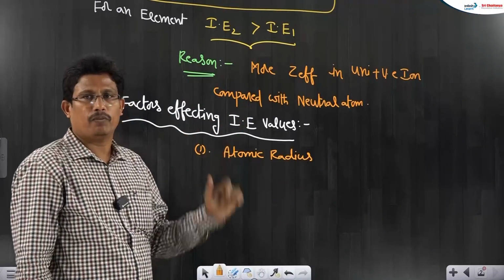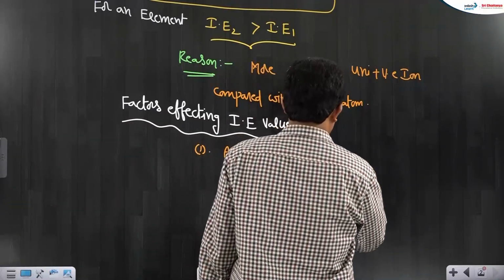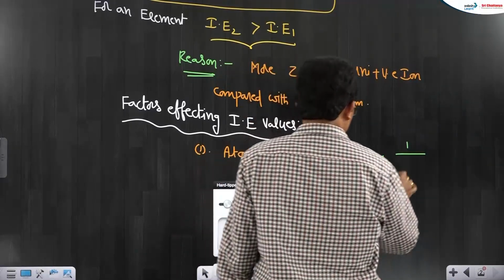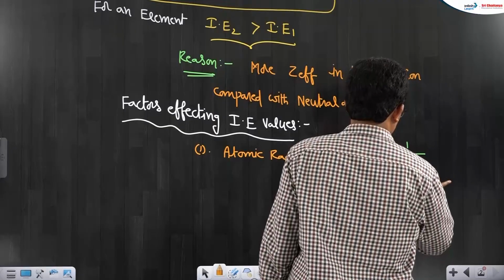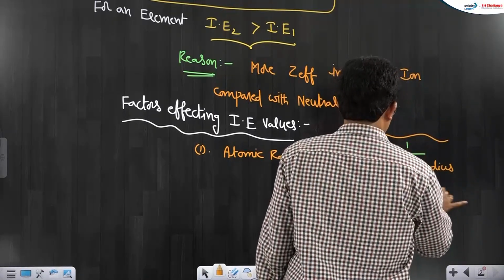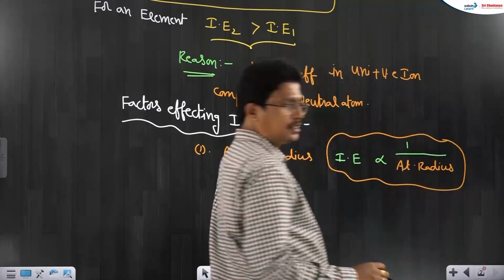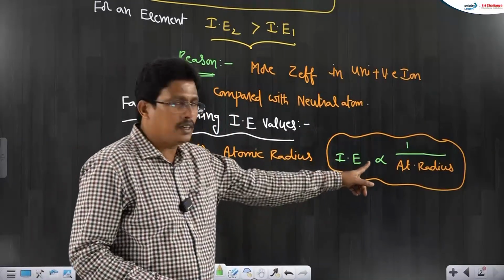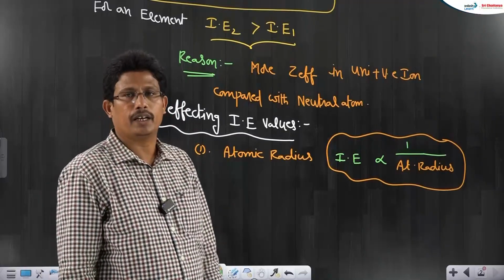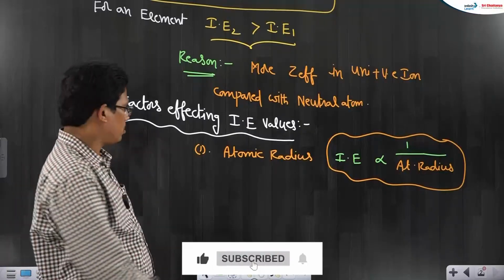Ionization energy is mainly influenced by atomic radius. Ionization energy is inversely proportional to atomic radius. As atomic radius increases, ionization energy value decreases. If atomic radius increases, the nuclear force of attraction over the outermost shell decreases. That's why less energy is required to remove an electron.